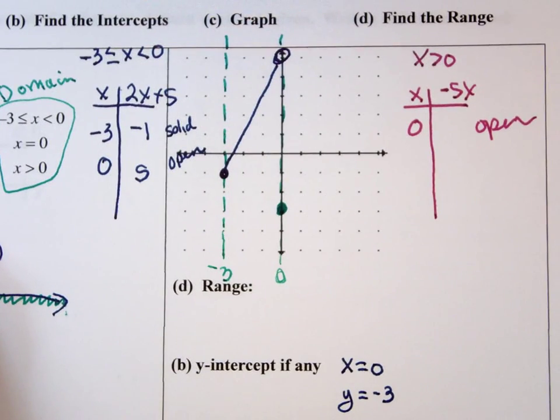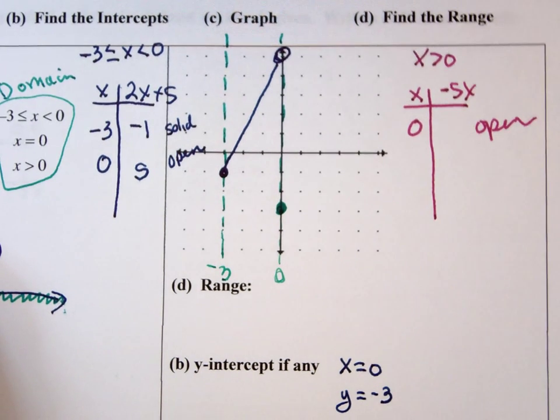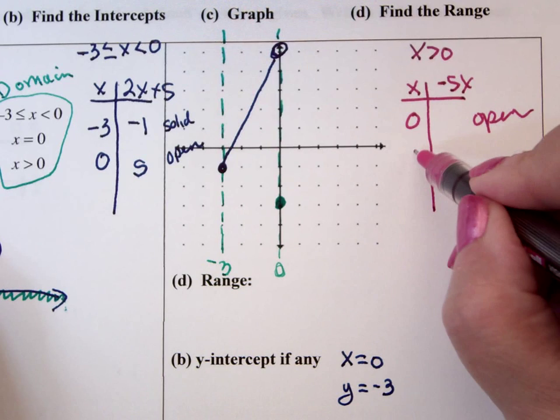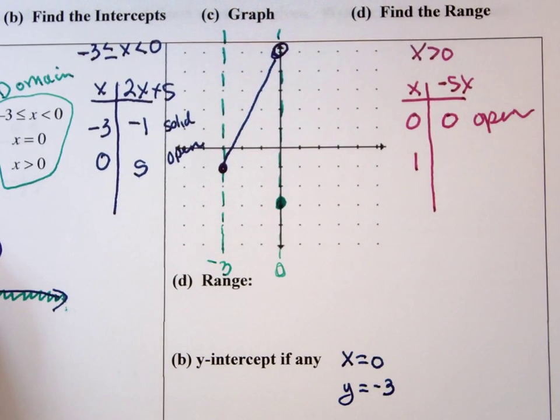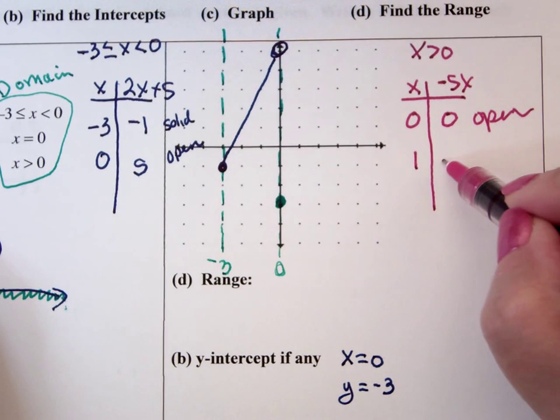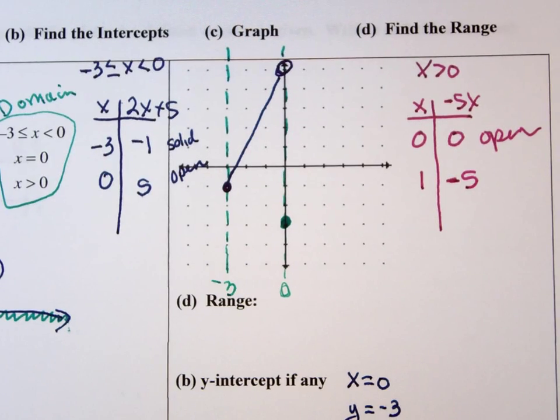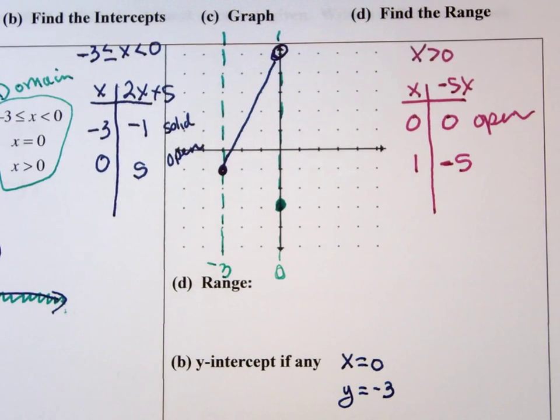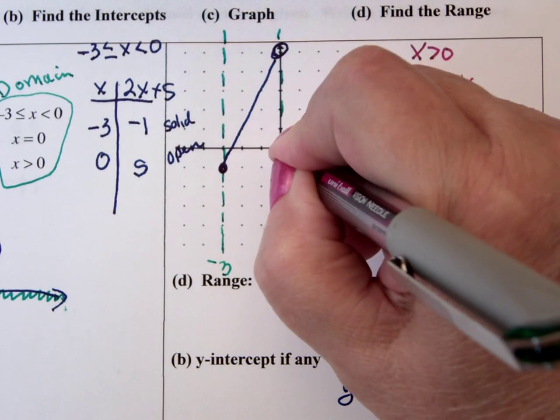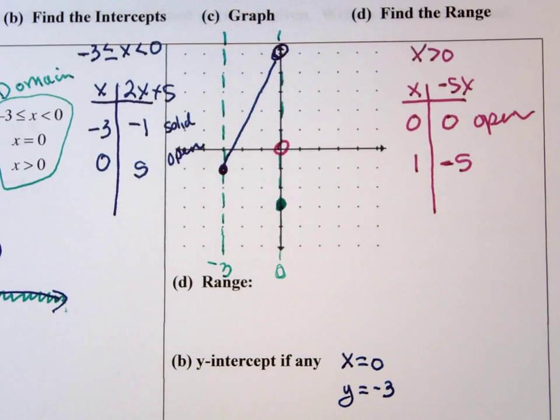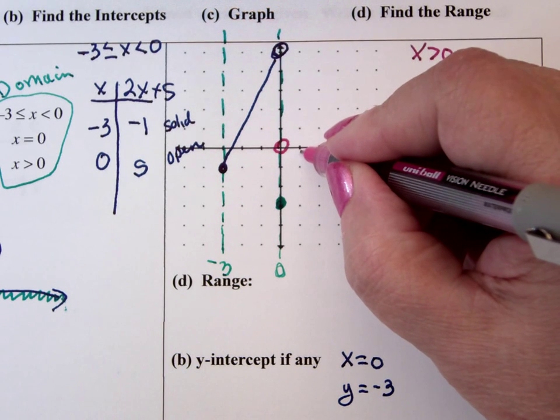And I'll pick 1 because I need a number greater than 0. 1 is fine. (0, 0). (1, -5). And again, it is a straight line. As long as you're dealing with straight lines, you're okay. So (0, 0), open dot. And (1, -5).